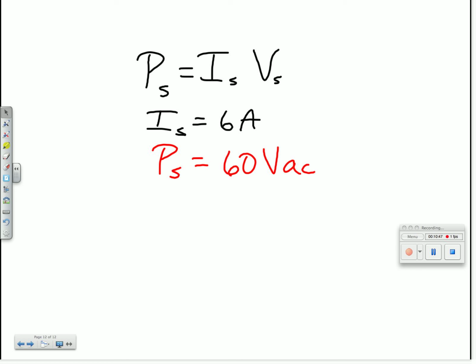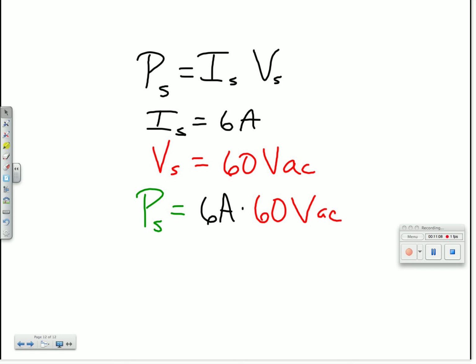So that means power in the secondary, 6 amps times 60 volts AC, is just equal to 360 watts.